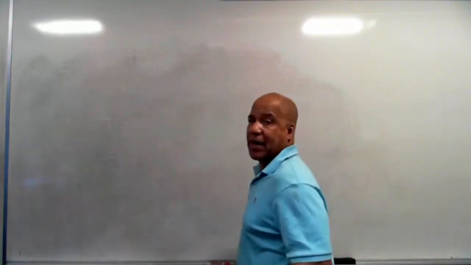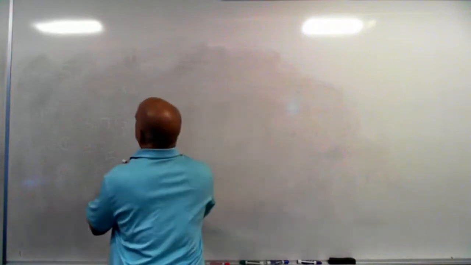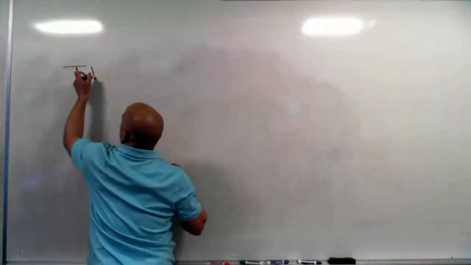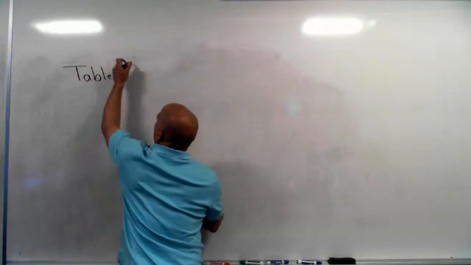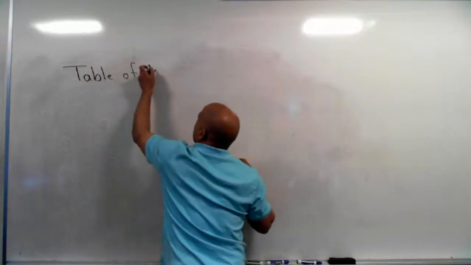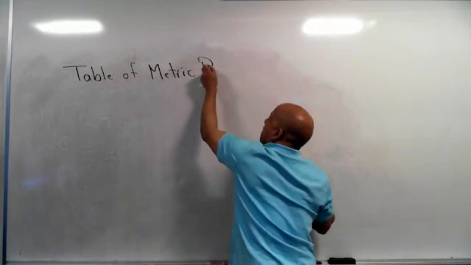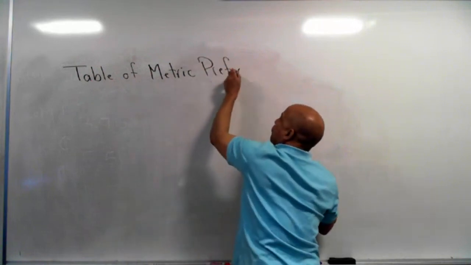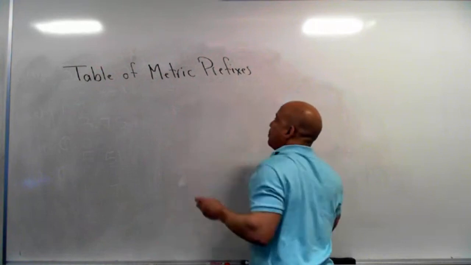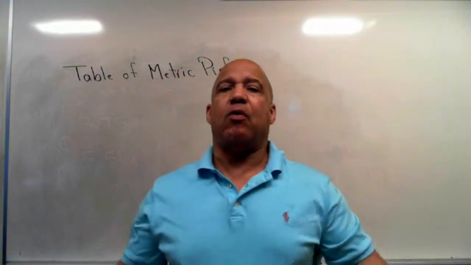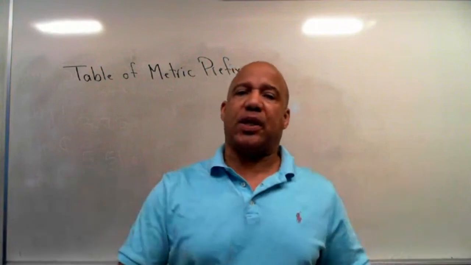This is called the table of metric prefixes. And we use this table of metric prefixes once we learn how to put numbers in the engineering notation.